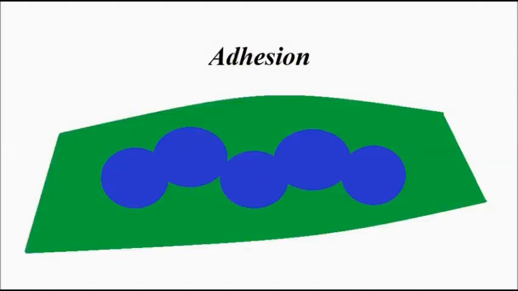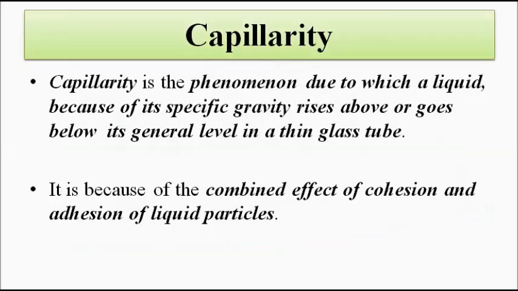So capillarity is the phenomenon due to which a liquid, because of its specific gravity, rises above or goes below its general level in a container when a thin glass tube is inserted into it.